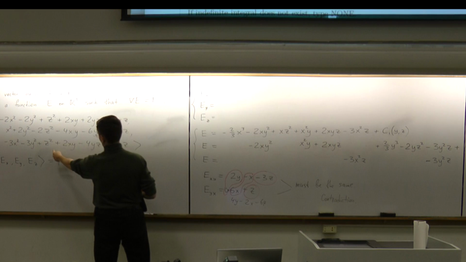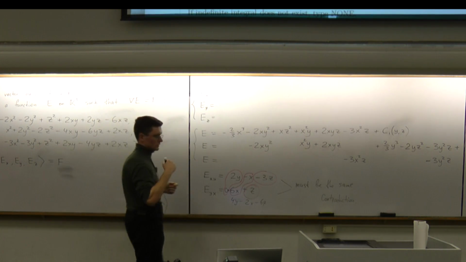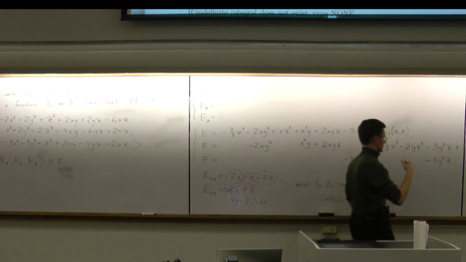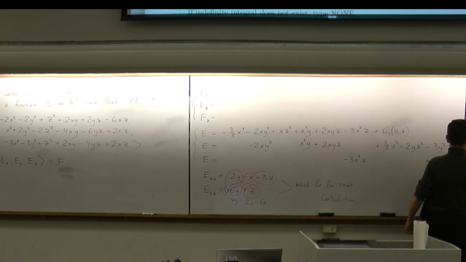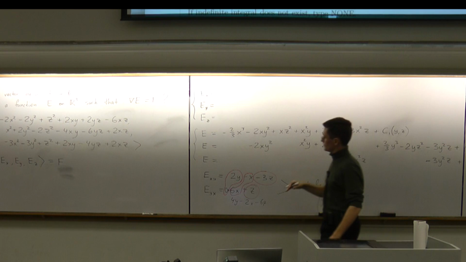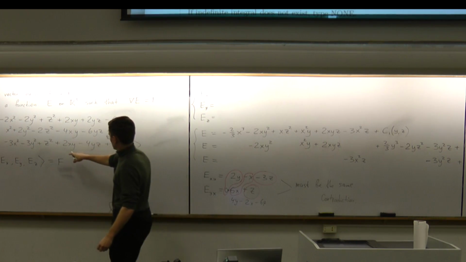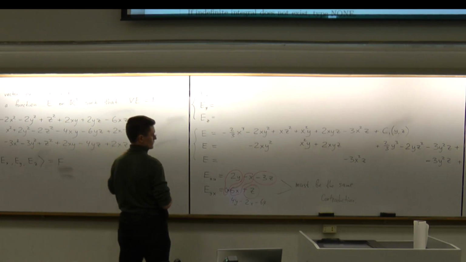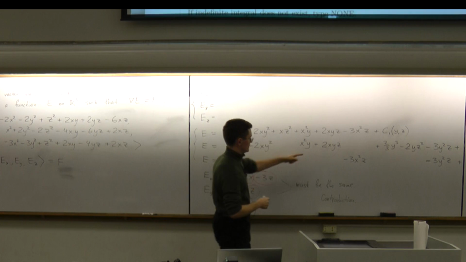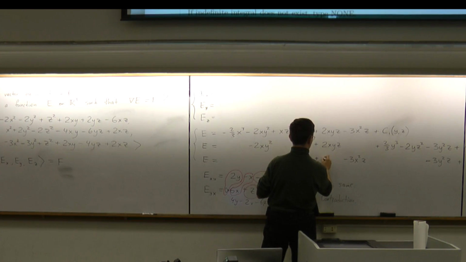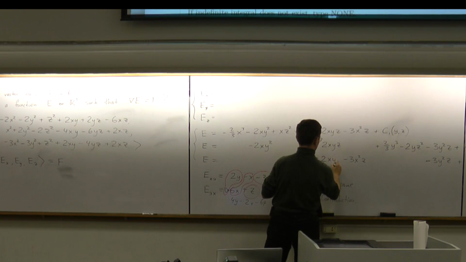The next one. Integral of z squared with respect to z is 1/3 of z cubed. It never showed up before. And integral of 2xy with respect to z is 2xyz. That term is there.